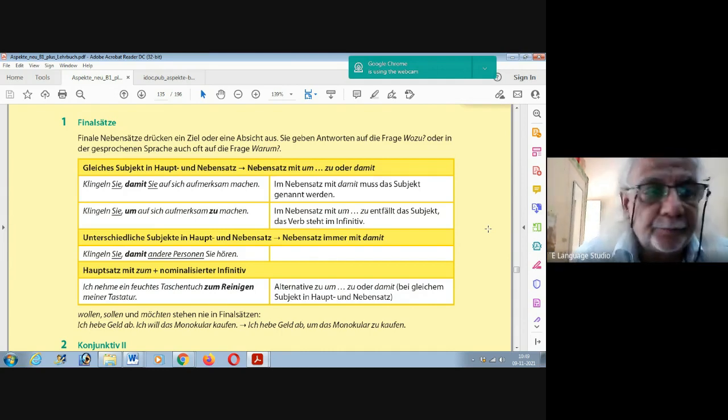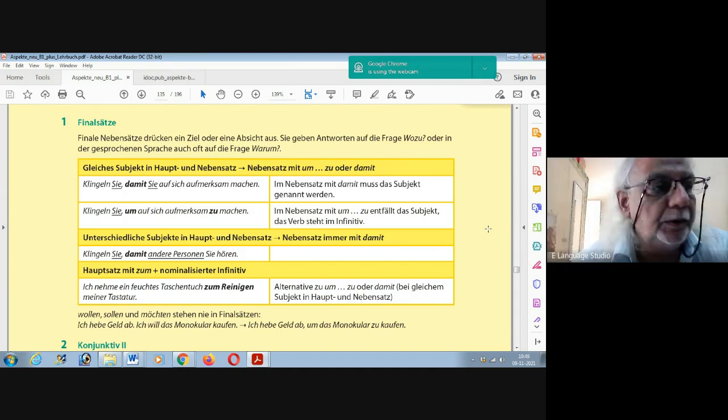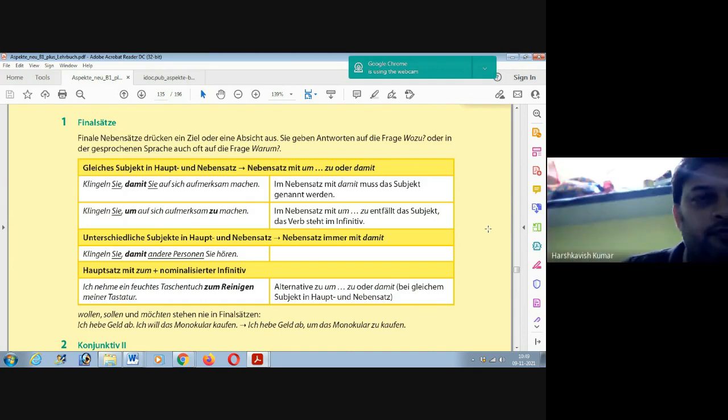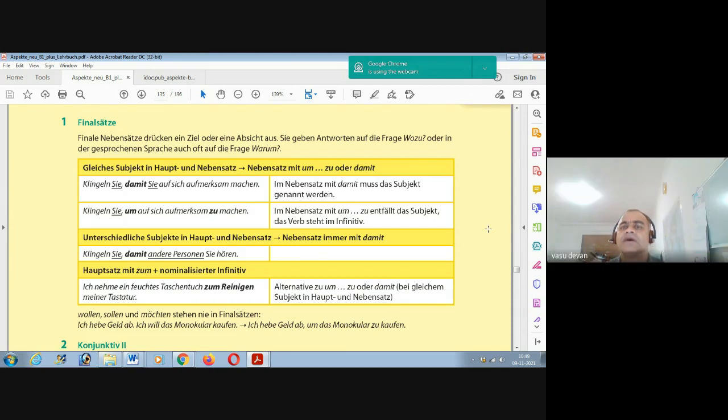Sir, is it so that when the subject is the same we use umso? No, that's the structure. I'm not interested in the structure. Do you know how to use them and when to use them? No, sir. Yesterday I used it; my son already corrected it, to save their time.